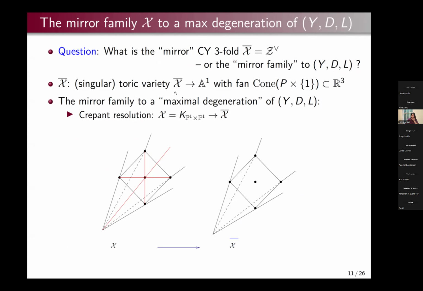It's going to be a singular toric variety, which has a map to A1, and you obtain the singular toric variety by looking at the momentum polytope for Y and taking the cone over it, and viewing the cone over P as the momentum polytope image for this X bar.